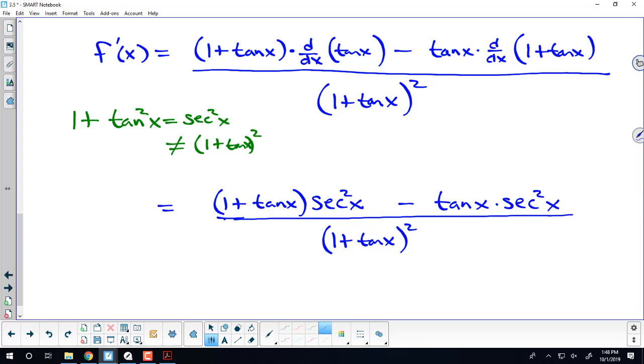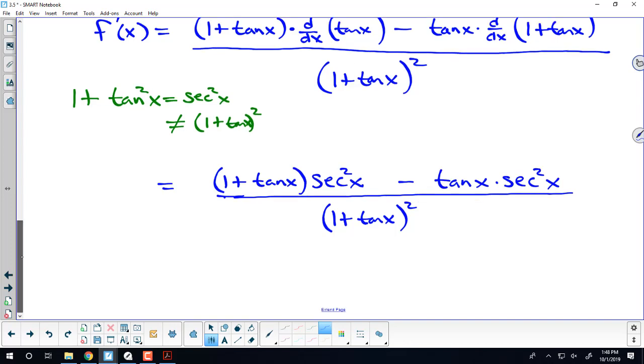So that's the derivative, the unsimplified version of the derivative. A lot of these derivatives are easy to simplify because primarily you want to think about the greatest common factor. That's typically what's involved in simplifying and or solving equations that involve your derivative. So hopefully it's obvious that both of these terms in the numerator have a secant squared in common.